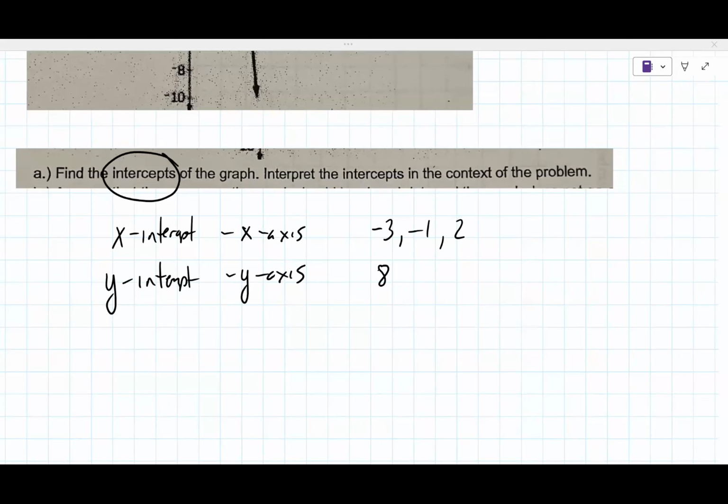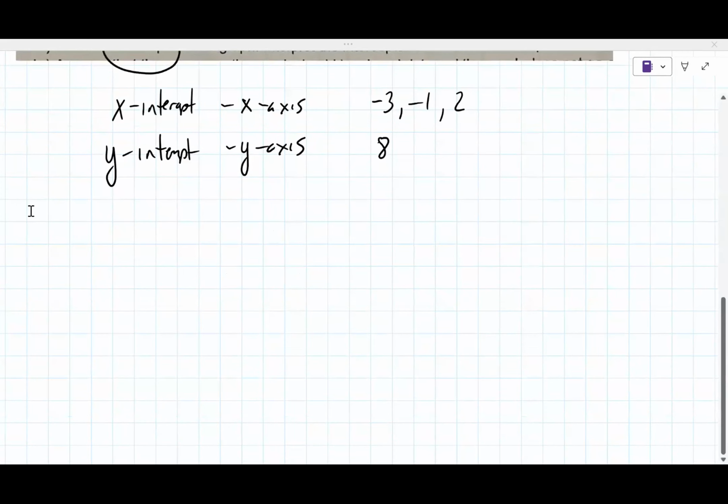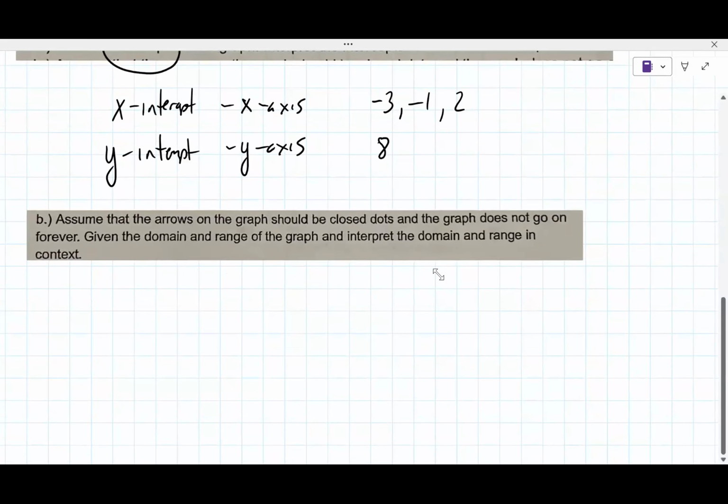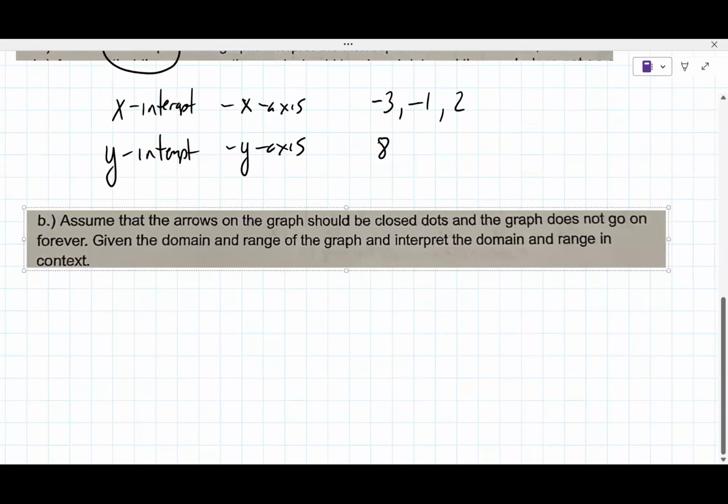Okay, let's look at part B. All right, so go ahead and read this out loud for us, please.